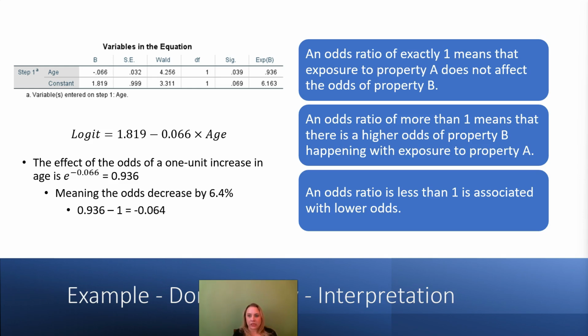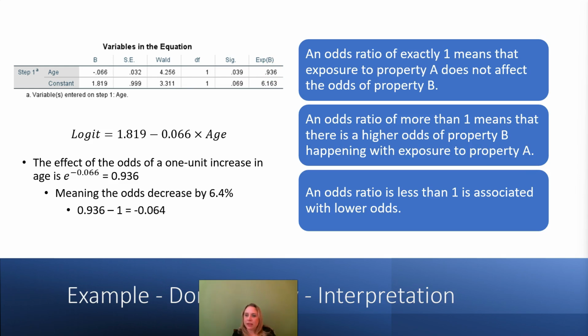And with this, we can see that the effect on the odds of a 1 unit increase in age is going to be the exponent of that negative 0.066, which is 0.936, excuse me, that 0.936 value in the upper right-hand corner of our variables in the equation chart.